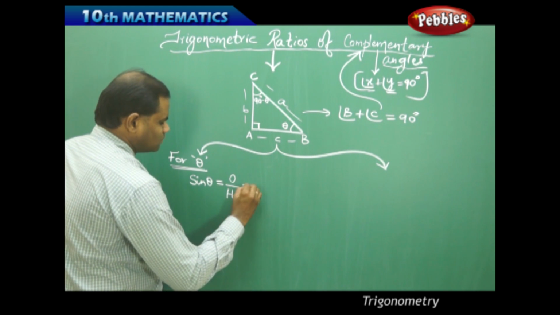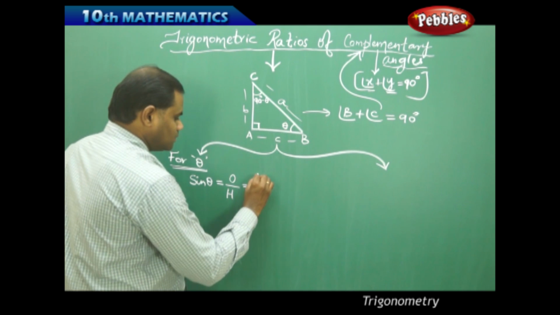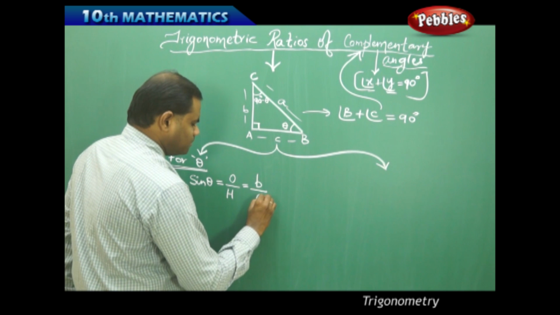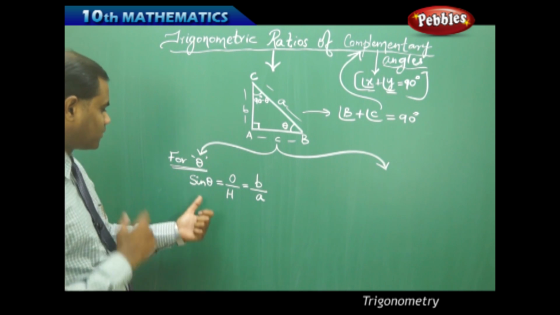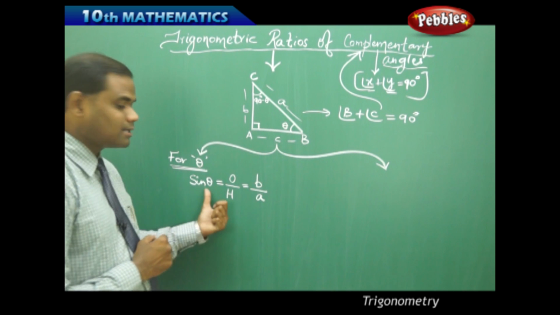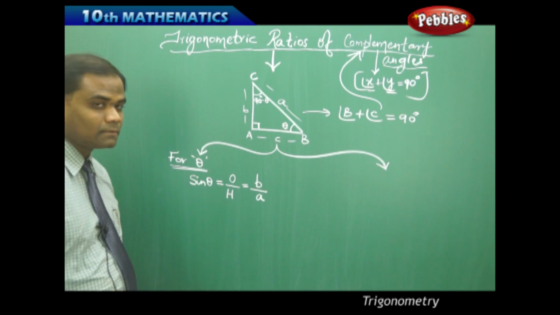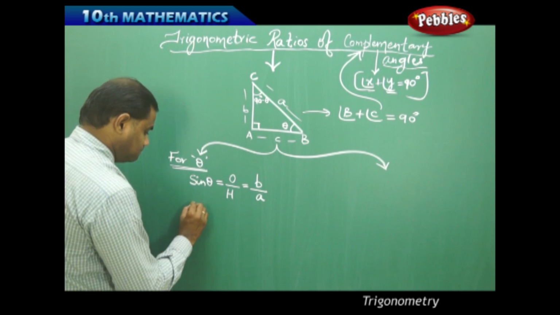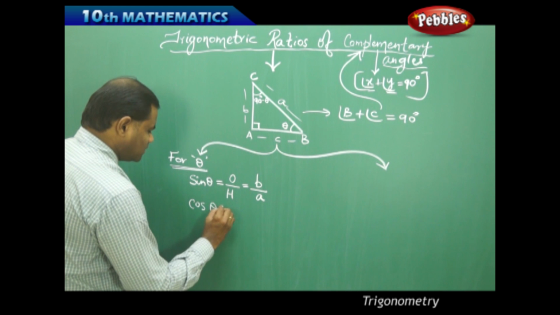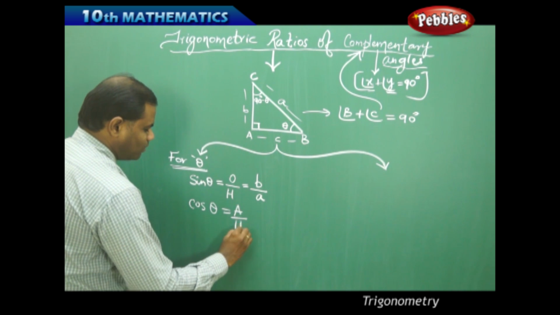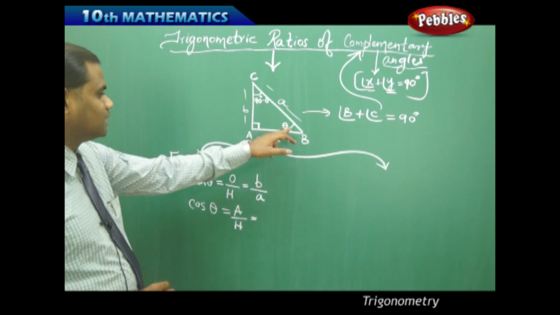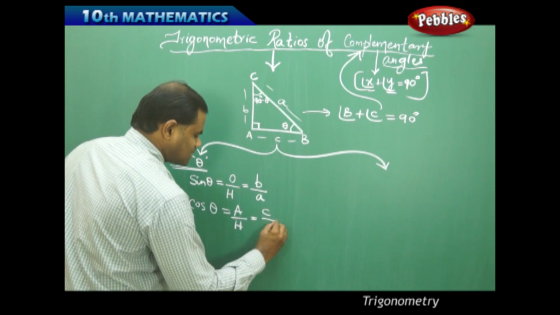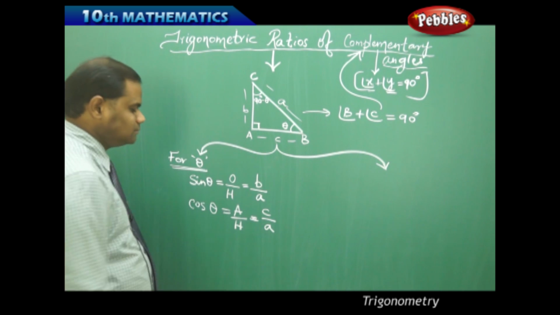My opposite side being B and the hypotenuse being A, this comes out to be B by A. So my first trigonometric ratio for the angle theta is sin theta equals B over A. Similarly, the next ratio is cosine theta, which is adjacent by hypotenuse. For the angle theta, adjacent is C and hypotenuse is A, so I get C over A.